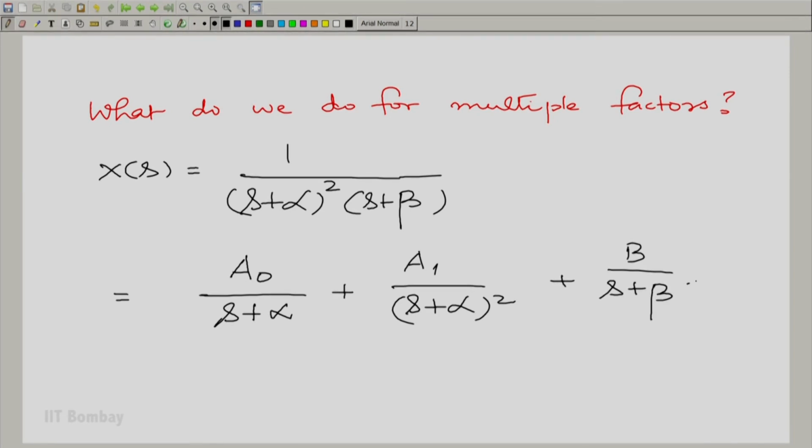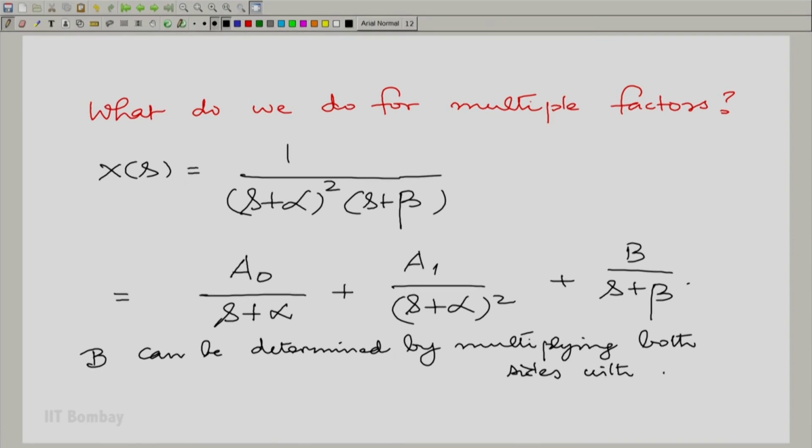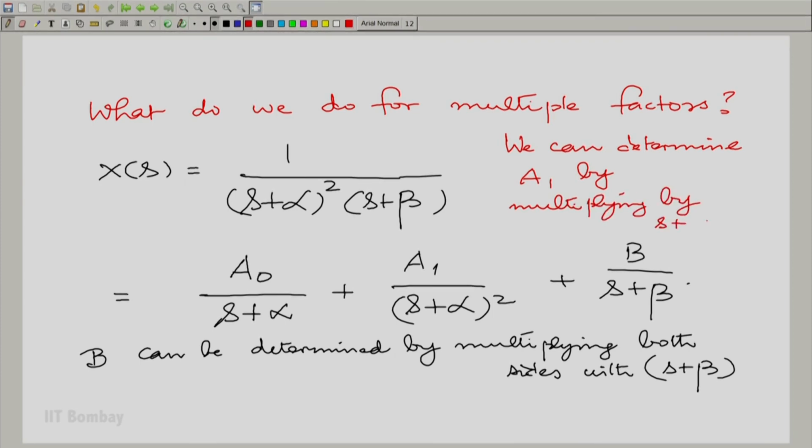Now, here you can of course determine b with some ease. B is not a problem at all. B can be determined by multiplying both sides with s plus beta. However, a0 and a1 pose some problem. a1 again can be determined with some ease. So, we can determine a1 by multiplying both sides by s plus alpha the whole squared.